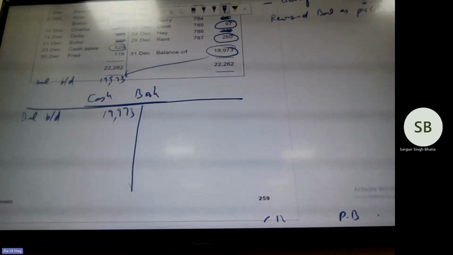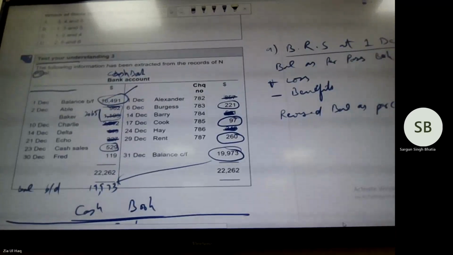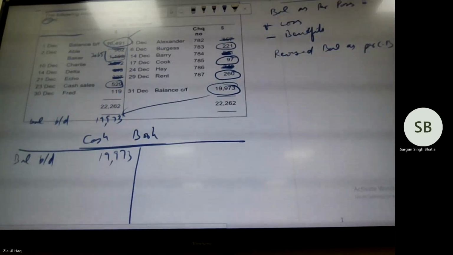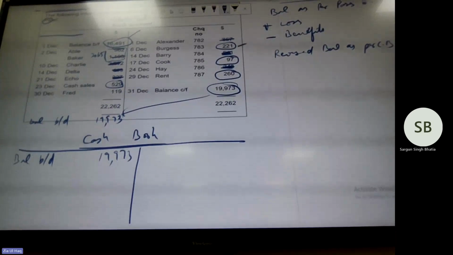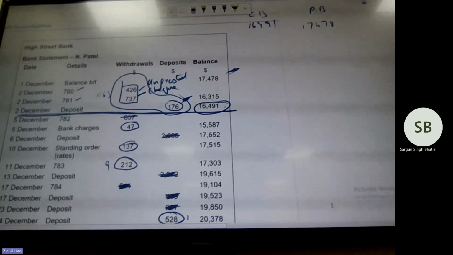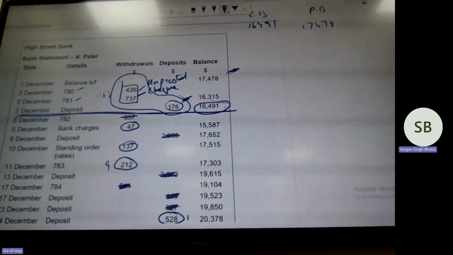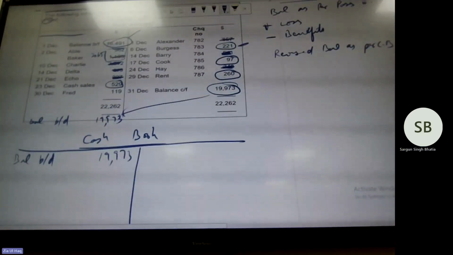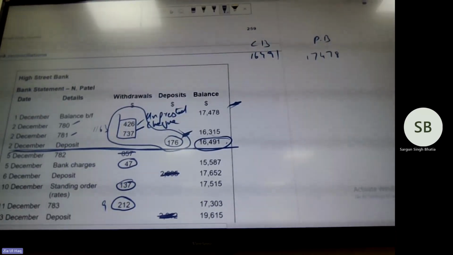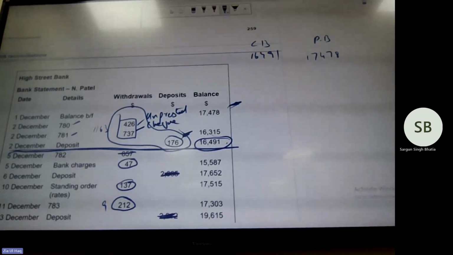Now, what are the differences that we need to see? There was a check of 221. In the bank, it is showing 212 has been debited, while in the cash book it is written as 221. The bank always records the correct amount. If there is any amount difference between the cash book and the bank, we assume the bank has recorded the correct amount.